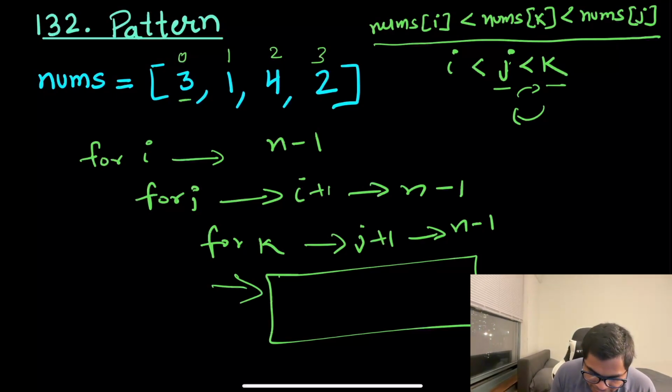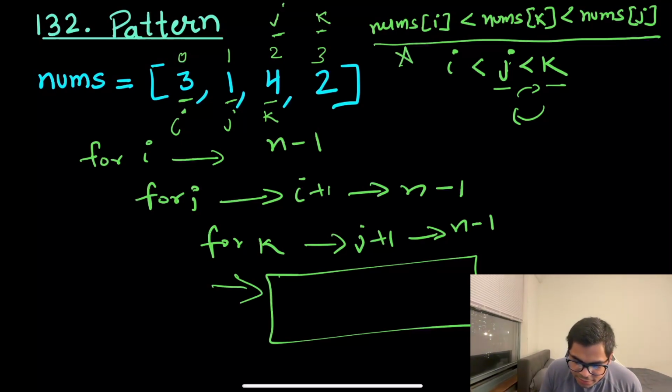For this i, if I choose 3 as my i, I have the possibility of choosing this as my j and this as my k. I can also choose one more time this as j and this as k. But to satisfy this condition, I will compare these, and whichever combination satisfies it will give me my answer.